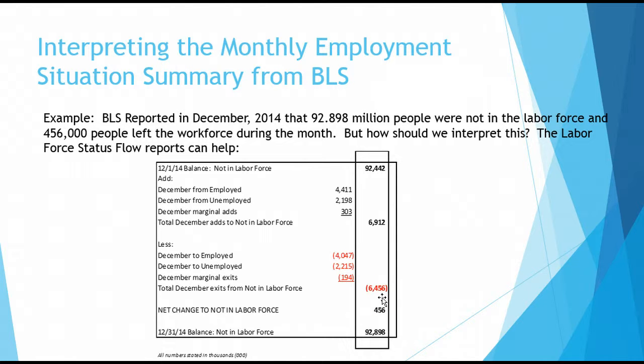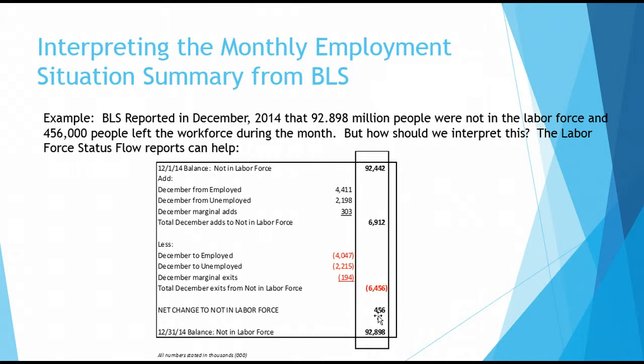So that net number is what you see here in the net change to not in the labor force, 456,000. So since the number grew from 92.4 million to 92.9 million down here, we're saying 456,000 people left the workforce.